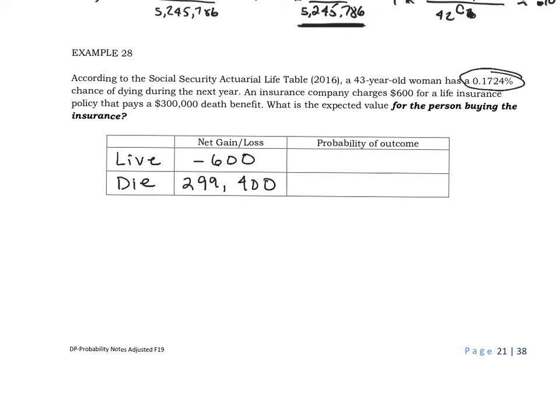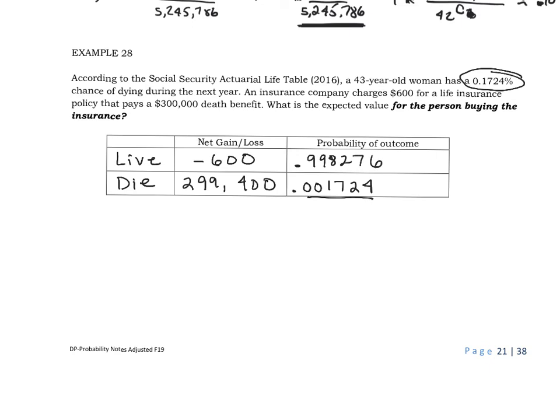So they said the probability of her dying was this percent. Don't forget, we need to move that decimal 2 places to the left as we convert that from a percent to a decimal. That is one of the most common mistakes my students make. And then the probability of the outcome of them living is going to be the complement. So 1 minus this amount is going to give us this decimal here.